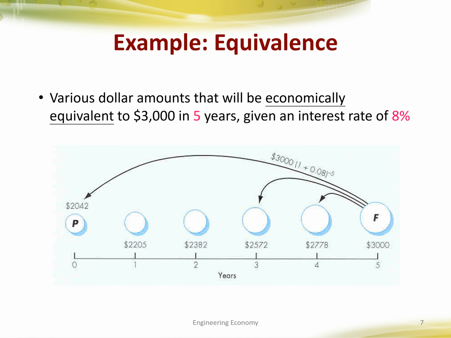And again, if we have this 5,000 and we know that we are using 8% as the interest rate, not only 3,000 at the end of the 5th year can be converted effectively to a value at the present time, it can be converted to any time.